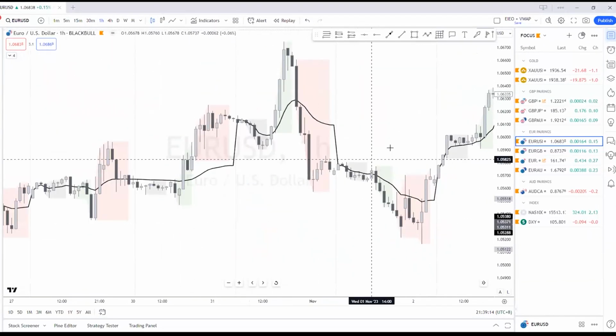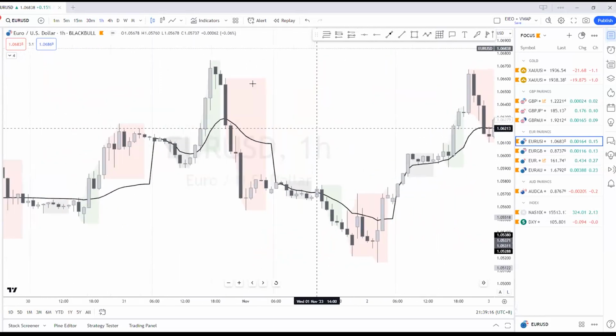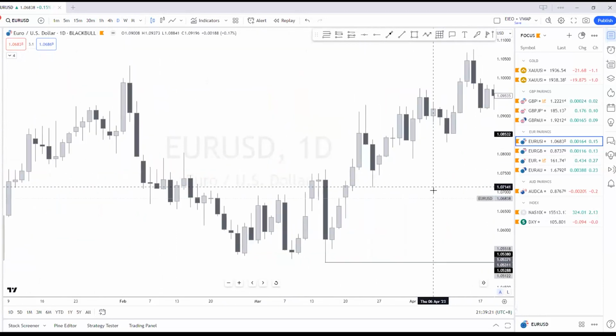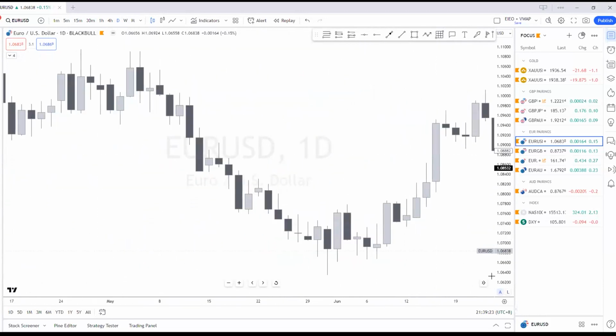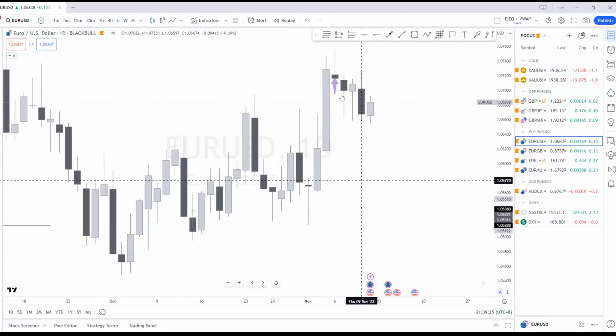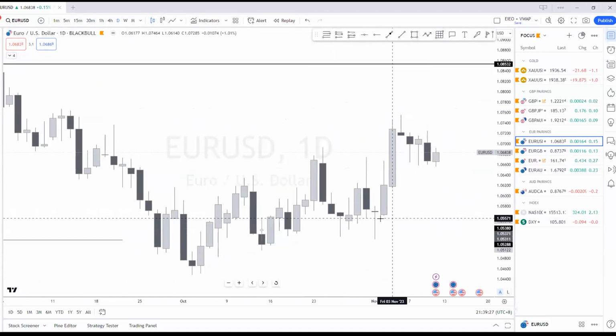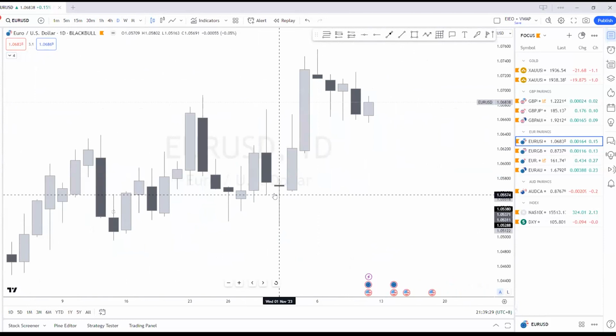Basically, my strategy, I'll be looking at the daily first, at the nearest price. Let's say currently from this part, I think I catch a move right here on Wednesday.